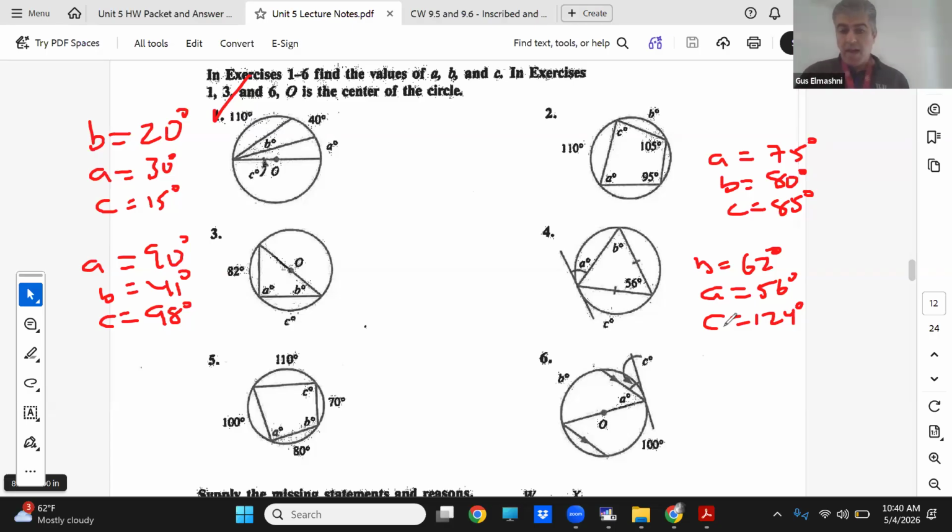For 5, you should get B is going to be 105. C is going to be 90. Therefore, A is still 90, yes.